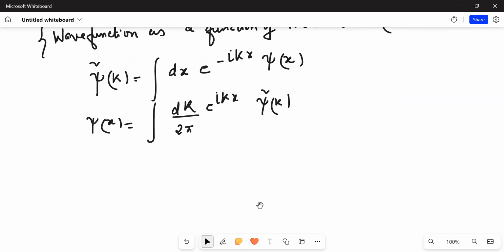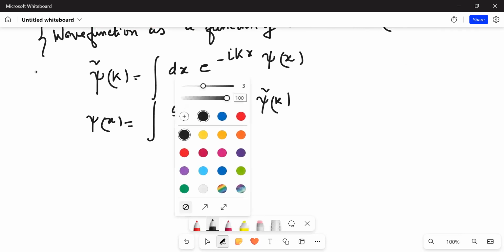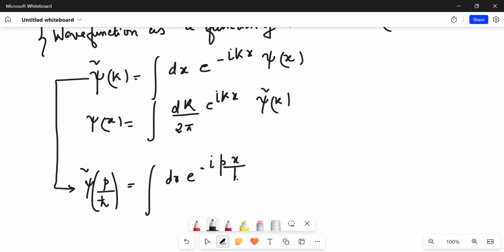I know that I can write my momentum p as h-bar k. So here I can write it as p upon h-bar, and this I can write as the integral dx e to the power minus i p x upon h-bar, times psi of x.